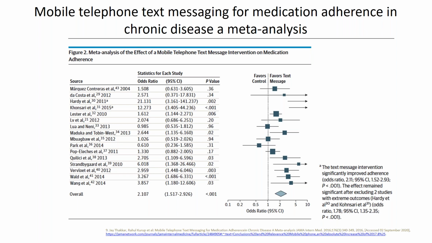If you're familiar with it, this is the result of a meta-analysis that to me was kind of definitive. These are all randomized trials where they texted patients with a variety of chronic diseases, not only in the United States, but in low-income countries of Africa, with all kinds of situations and conditions. And they were trying to help them take their medications as prescribed.